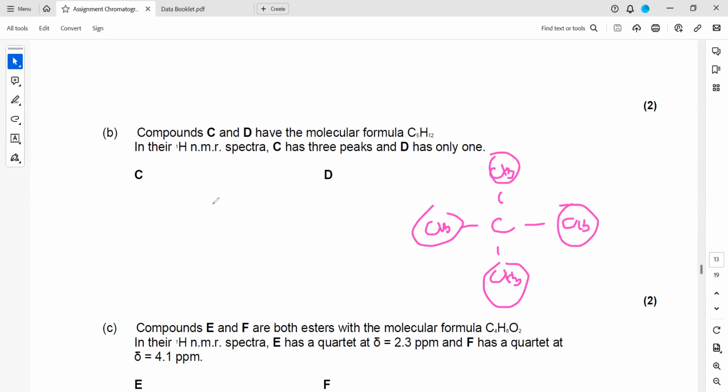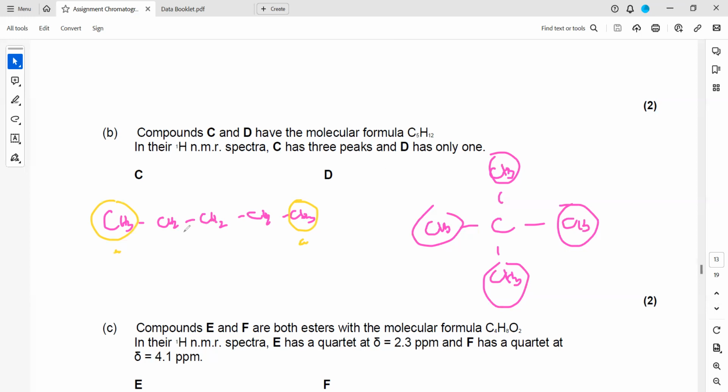What about the other one? We need three peaks. If I draw a straight chain here: CH3, CH2, CH2, CH2, CH3. When we talk about the peaks, this is A, identical.